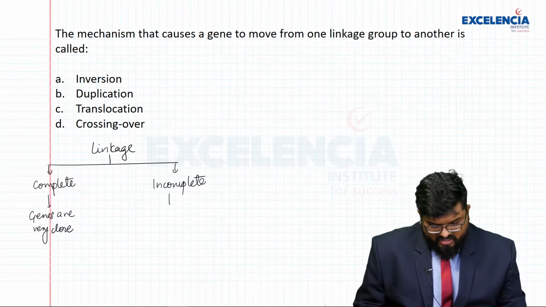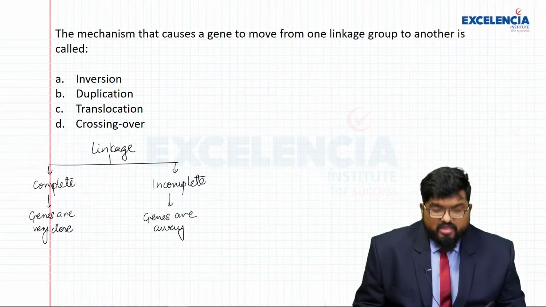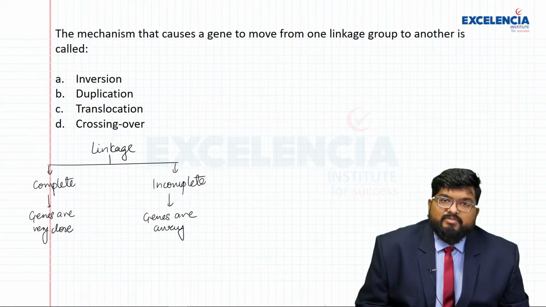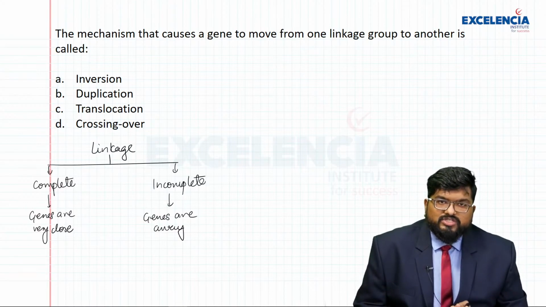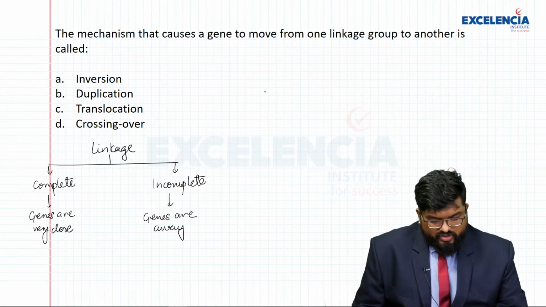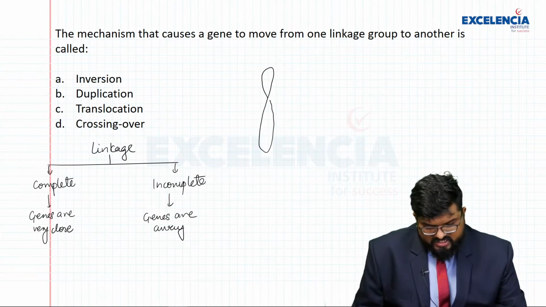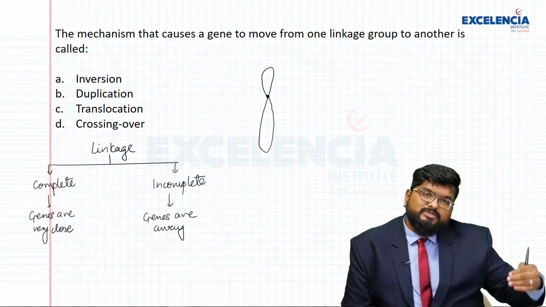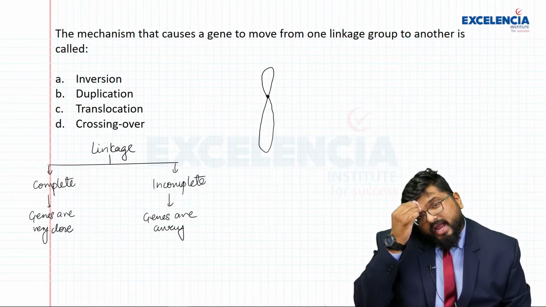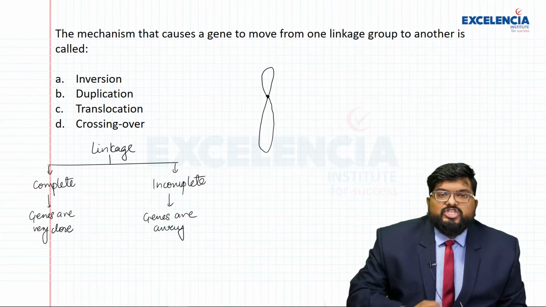In incomplete linkage, the genes are located far from each other, because of which they can separate during meiosis. During crossing over they can separate out. But when we talk about genes on a chromosome, if this is a chromosome, this is literally a segment of DNA arranged as the chromosome and has many genes in it.